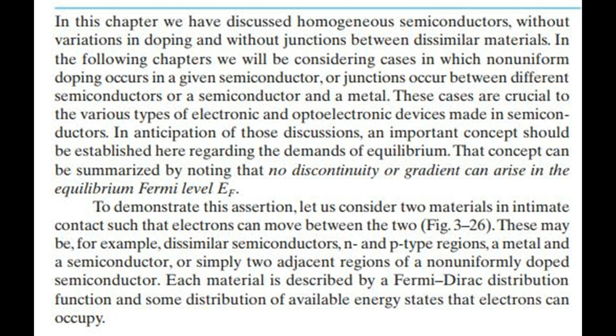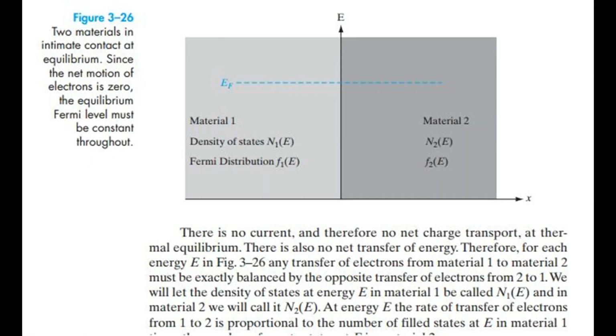Each material is described by a Fermi-Dirac distribution function and some distribution of available energy states that electrons can occupy. Figure 3-26. Two materials in intimate contact at equilibrium. Since the net motion of electrons is zero, the equilibrium Fermi level must be constant throughout. There is no current, and therefore no net charge transport, at thermal equilibrium. There is also no net transfer of energy.